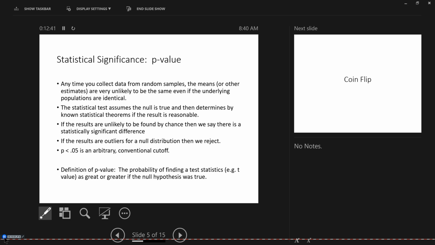So, t equals the mean of one group minus the mean of another group over, these are standard deviation, the variance. Actually, I should have said SD.